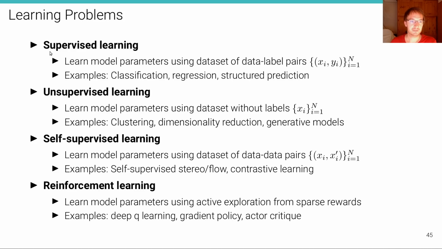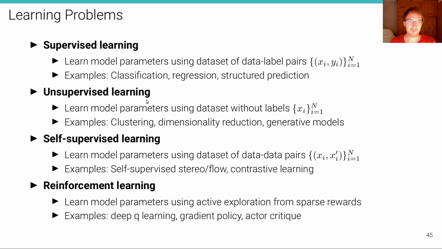For example, in supervised learning, we learn the model parameters using a dataset of data-label pairs. X is input, Y is output, and we have n such pairs. Examples for supervised learning include classification, regression, or structure prediction problems.